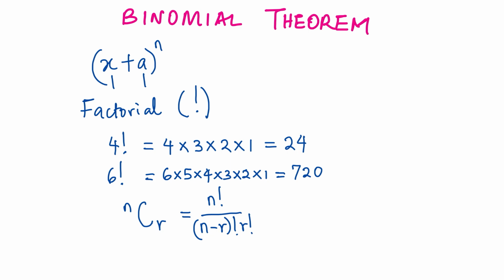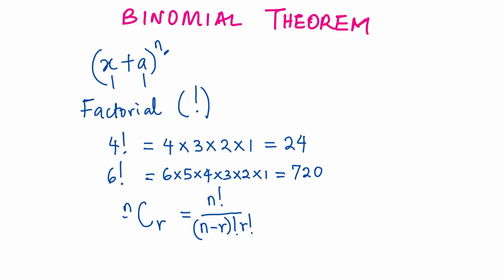Don't get fazed by this. You just remember it, you know what a factorial means, and you can work with it. Now the n doesn't change because the n here is this same n, the power of our expression, but the r changes.